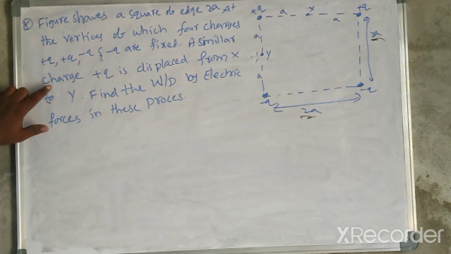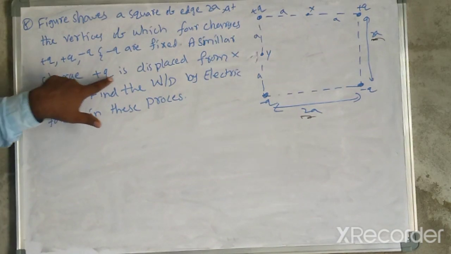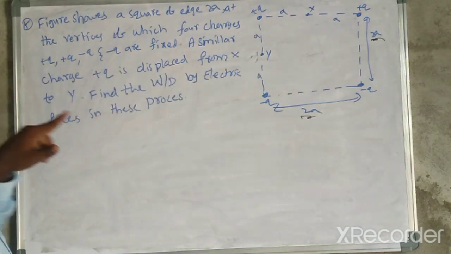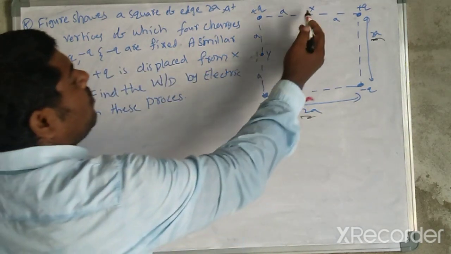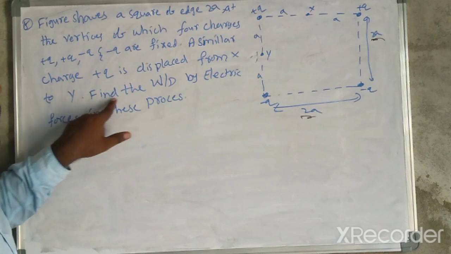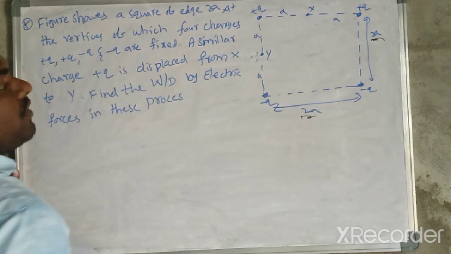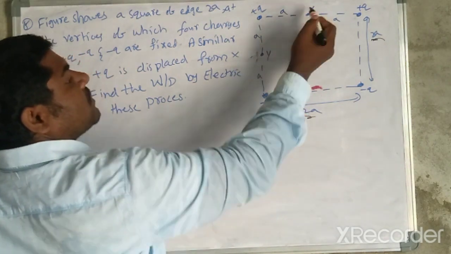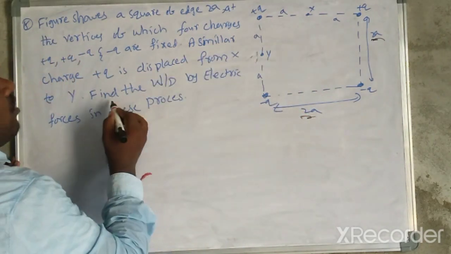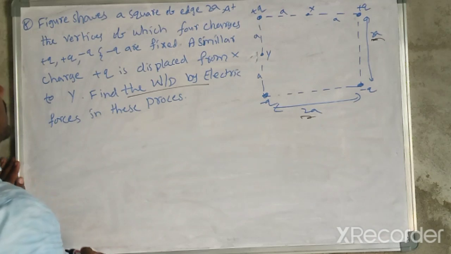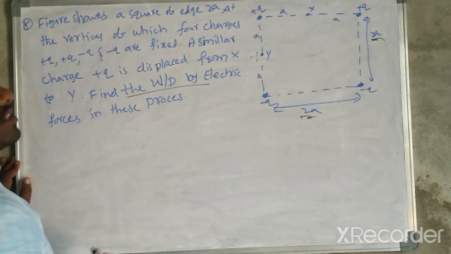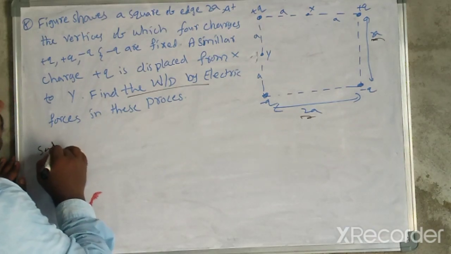A similar charge +q is displaced from x to y. Find the work done by electric force in this process. So whenever this charge moves from x to y, how much work is done by the electric force, they are asking. So, solution.